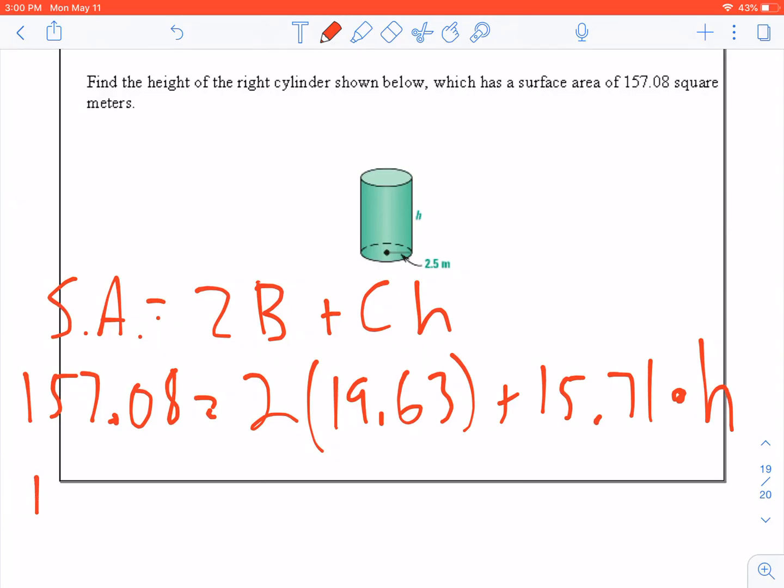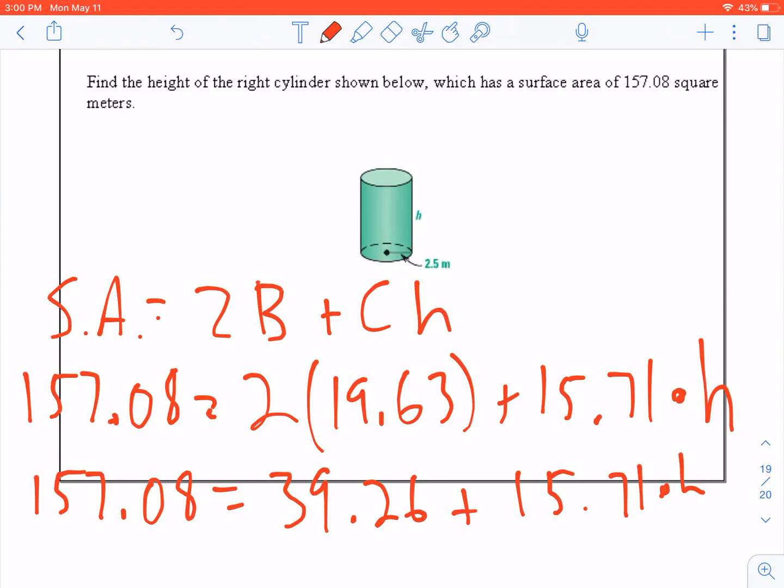I have 157.08 equals 2 times 19.63. I got 39.26 plus my 15.71 times h. Subtract over: 157.08 minus our 39.26.